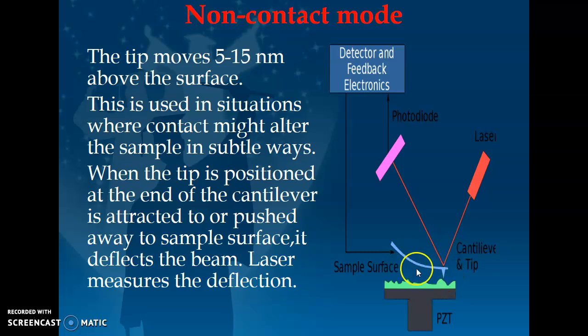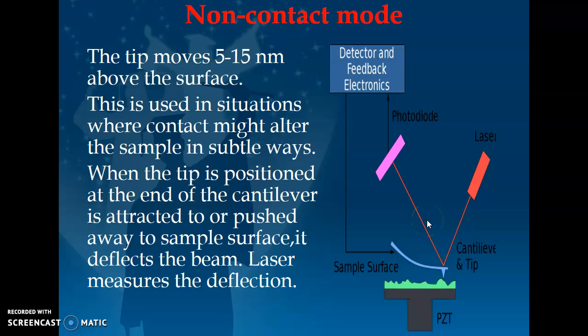The cantilever and the tip are positioned near the surface with a microscopic positioning device. The cantilever deflection is recorded by a photodiode that records the position of the laser beam reflected off the top of the cantilever.